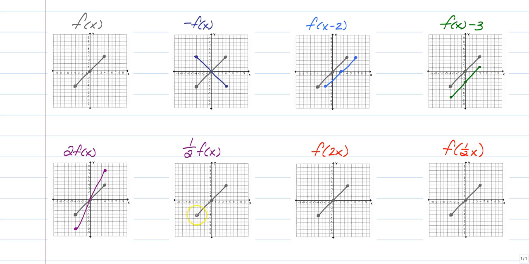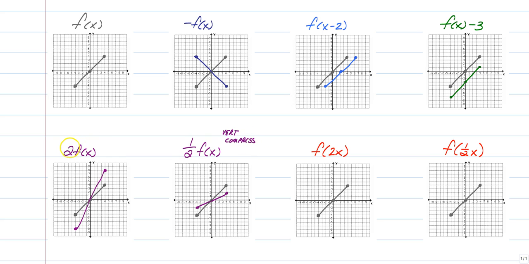So half of the negative 4 is going to give us a negative 2. Half of the positive 4 is going to give us a positive 2. Okay, so that means it's going to be a little bit squattier. We vertically compressed it. So if it's a fraction out front, it is a vertical compress.